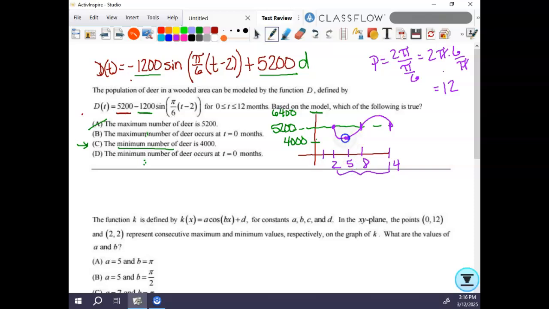So a minimum is happening at 5. A maximum is happening at 11. So if I back up to get a maximum, it would have to be, this is 3 spaces, the maximum would have to be here. So I don't have a minimum or maximum happening at 0. My answer is C. All right.